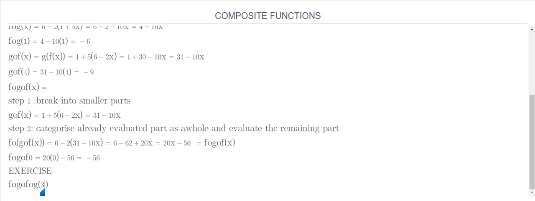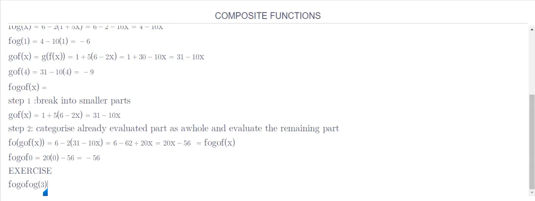So it means you are going to break this into parts. The first part is going to be f of g. The first thing that you always do is finding the one for x and not 3. So you are going to get f of g of x. Group f of g of x as a unit and then solve g of that whole unit. So group the whole as a unit.